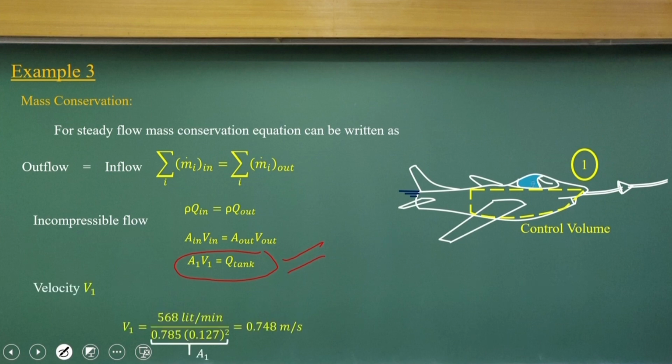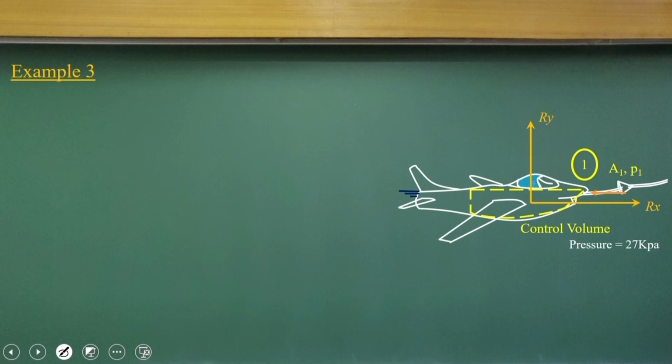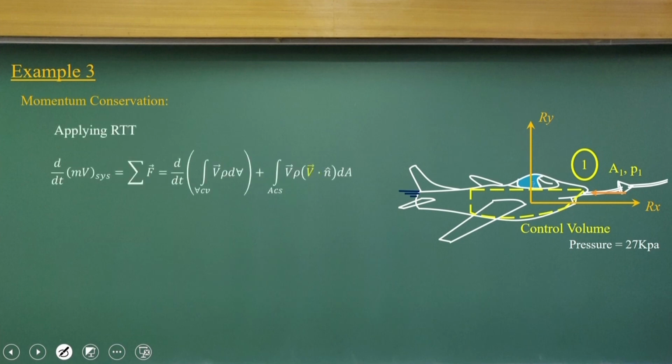We know the discharge in liters per minute; the volumetric discharge is given to us. Divide by the area, and we will get the velocity. Now, we have to find the force acting in the Rx and Ry directions. We have the pressure component here.